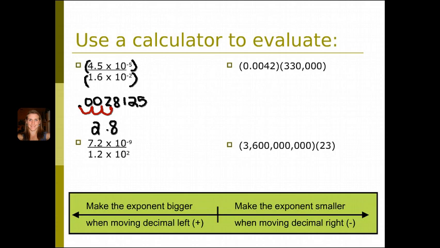I need to put the 125 with it. These are numbers over more than 0. I'm going to put times 10. And I moved my decimal place 3 times. Therefore, since I moved it to the right, it's a negative 3 exponent.